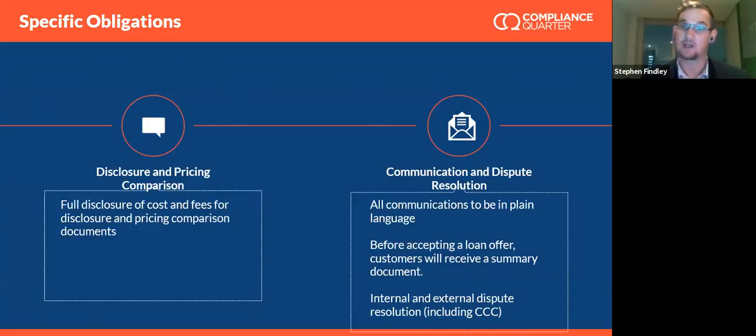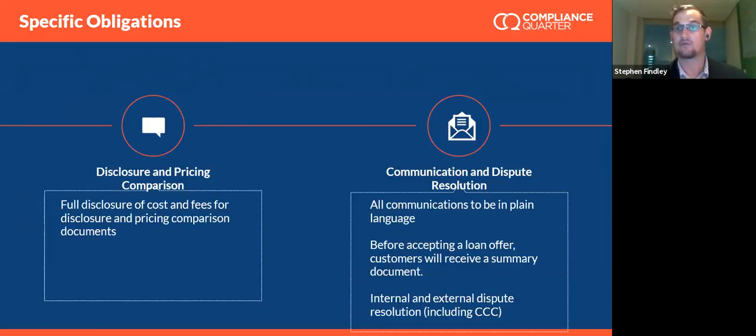Similarly, before accepting a loan offer, customers will receive a summary document which sets out the key elements in plain English of their loan product. This is a little bit similar to some of the changes that are happening in the energy industry, where all energy retailers are required to provide a new basic plan information document, a very basic document setting out at a high level a summary of the energy offer to the customer before they sign up.